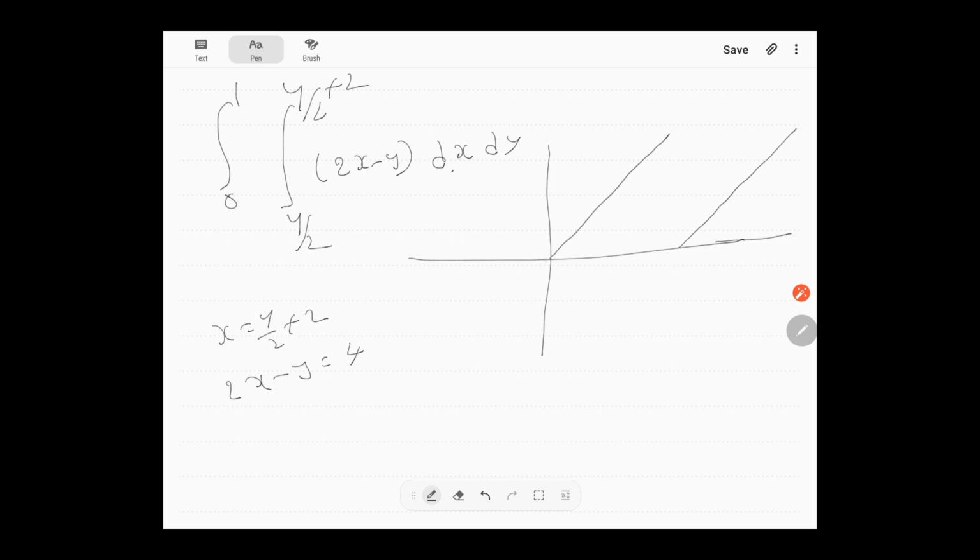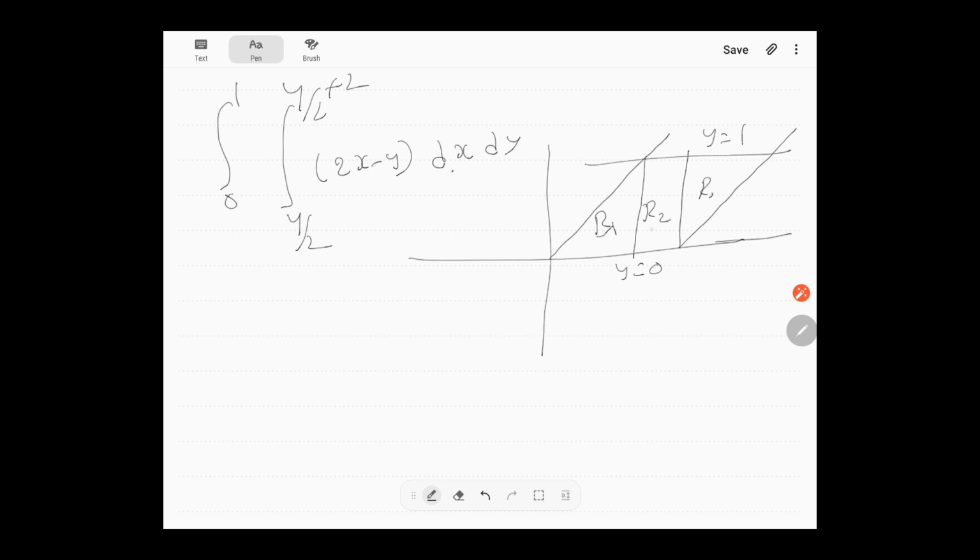These are x equal to y by 2 and x equal to y by 2 plus 2, and y varies from y equal to 0 to y equal to 1. So this is your region of integration. If you are asked to solve this by change of order of integration, then you need to divide that into three regions.